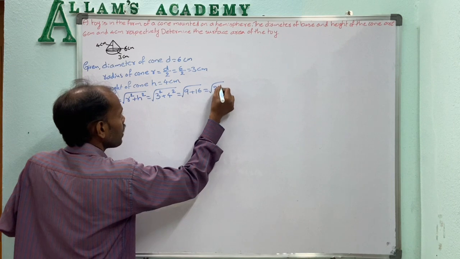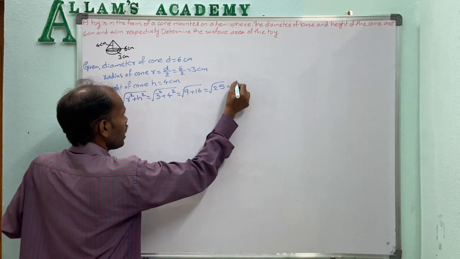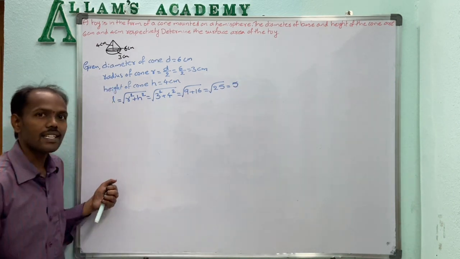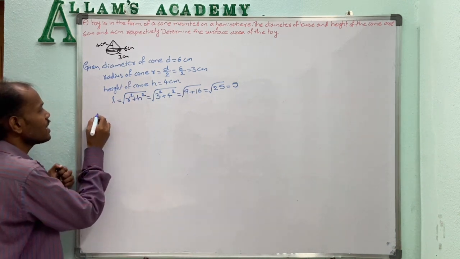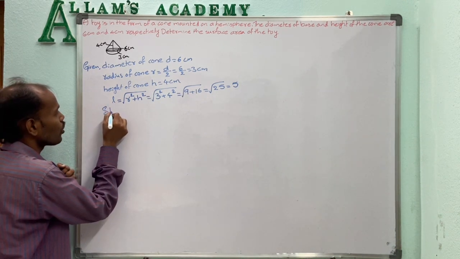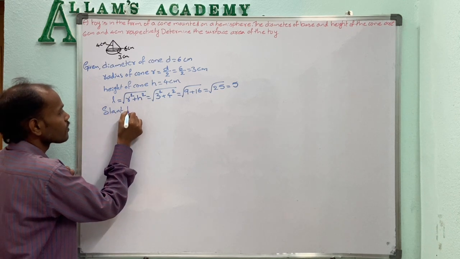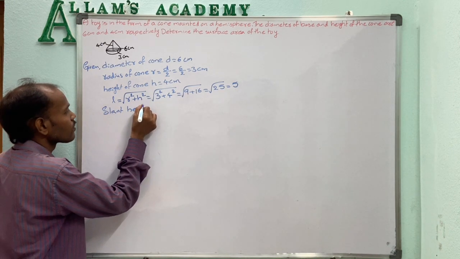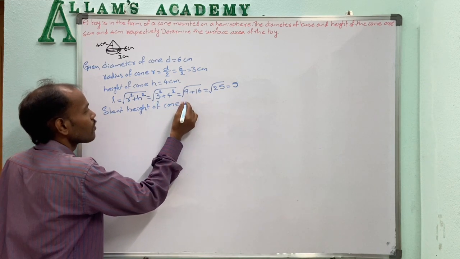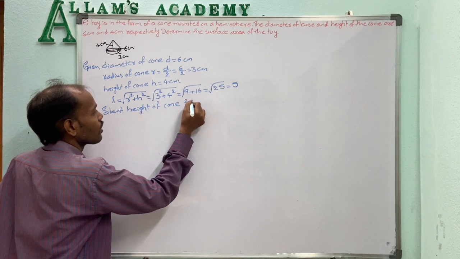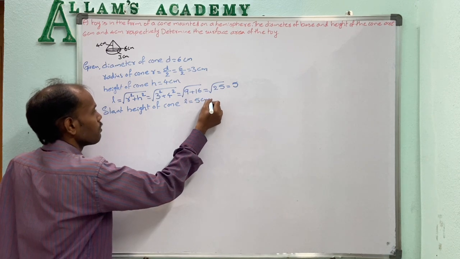So √(9 + 16) is √25, which is 5. So 5 is L, the slant height of the cone. L = 5 centimeters.